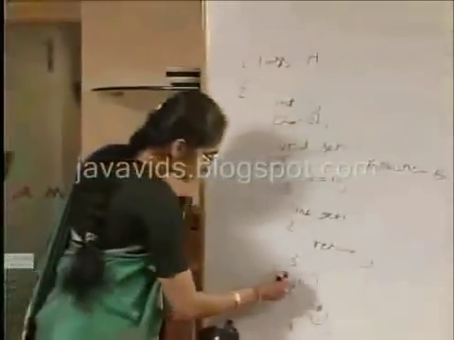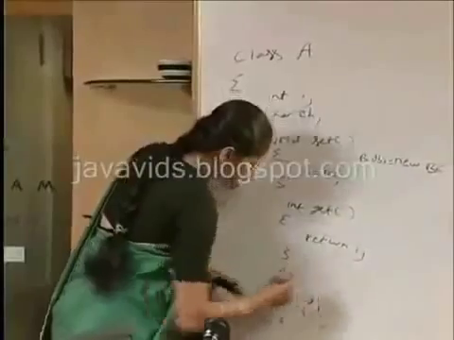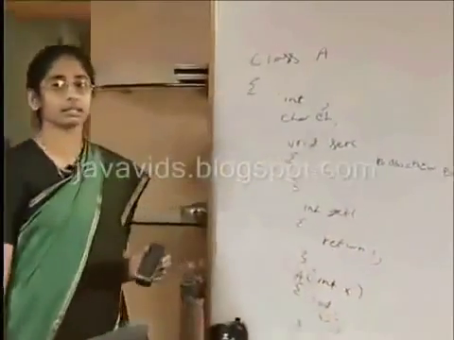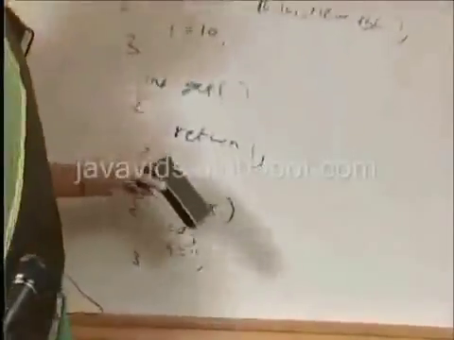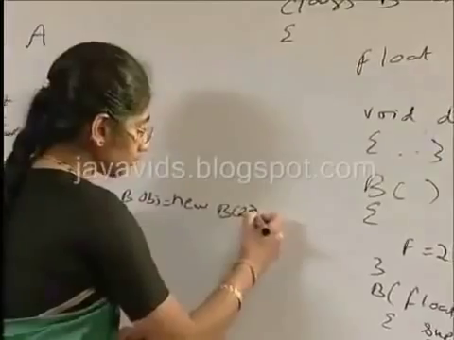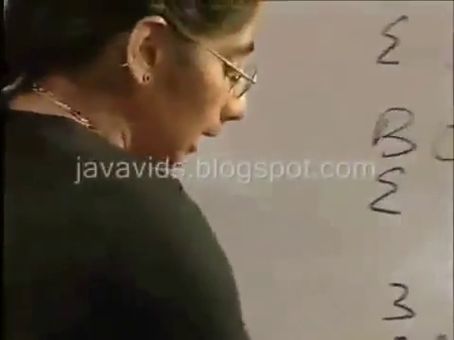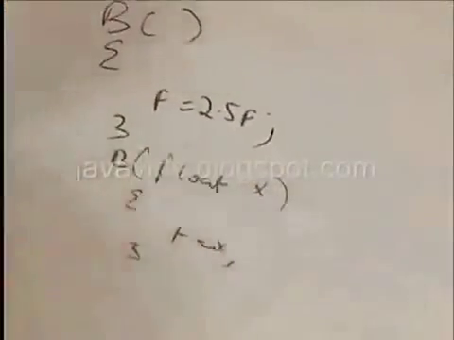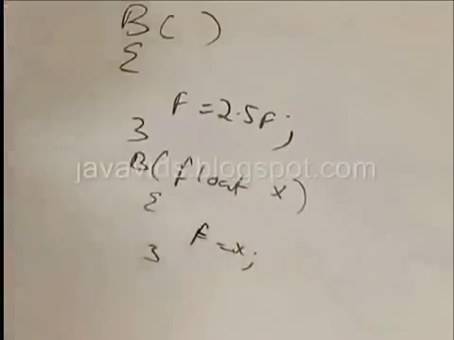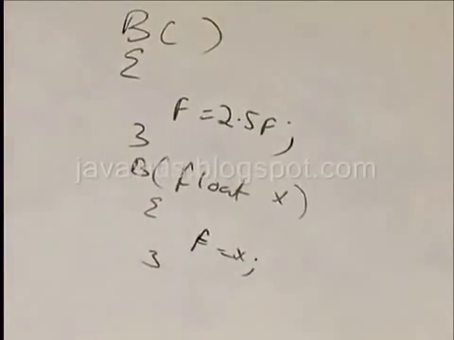Now let's assume that in the parent class we write a parameterized constructor. In that case, when we create an instance of the subclass, and let's assume there is no super call here, we are just writing f is equal to x in our child constructor.